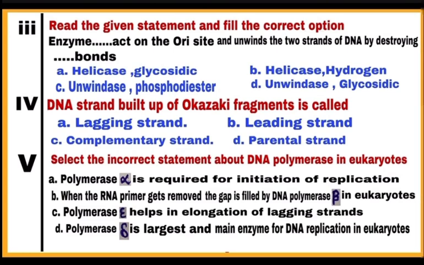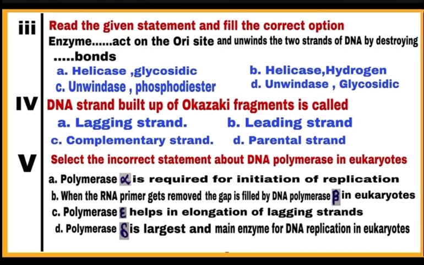Option A. Polymerase alpha is required for initiation of replication. It is true. See the B. When the RNA primer gets removed, the gap is filled by DNA polymerase beta in eukaryotes. This is also correct. Beta DNA polymerase helps in removing the RNA primer.